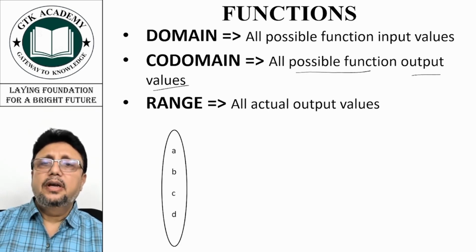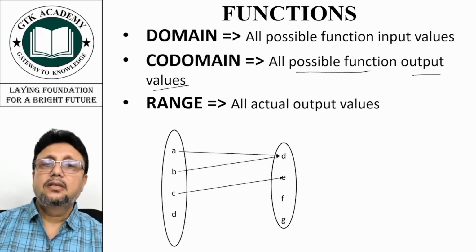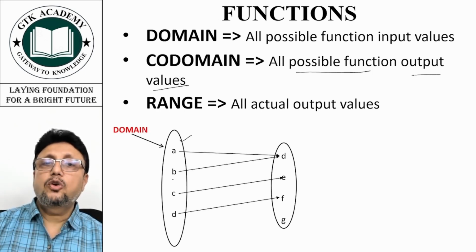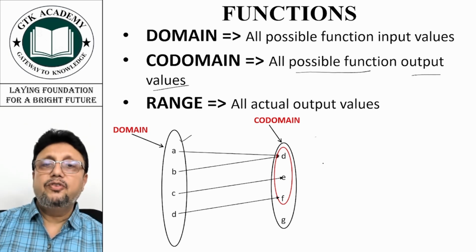For example, if these are two sets and we have a function like this. So, here you can see this is the domain, the values of x. The total set is called codomain, and the corresponding values of y which we get is range.